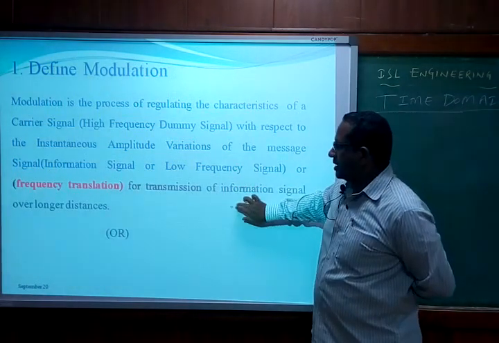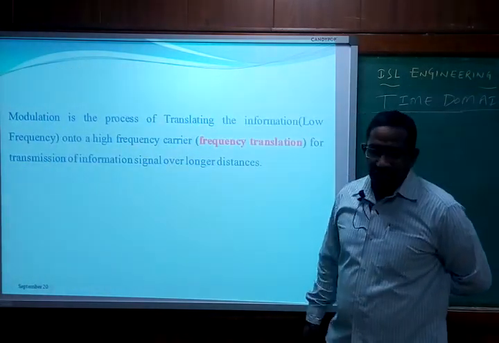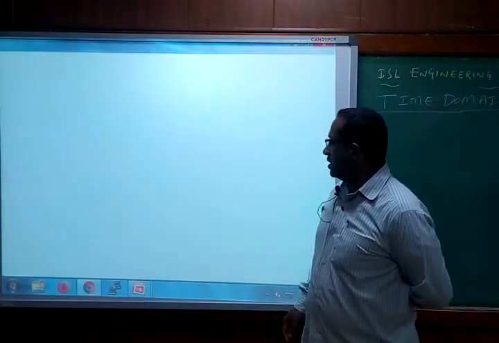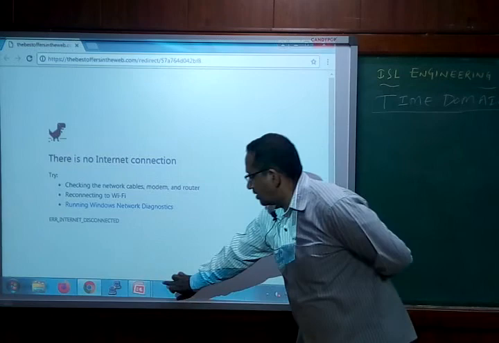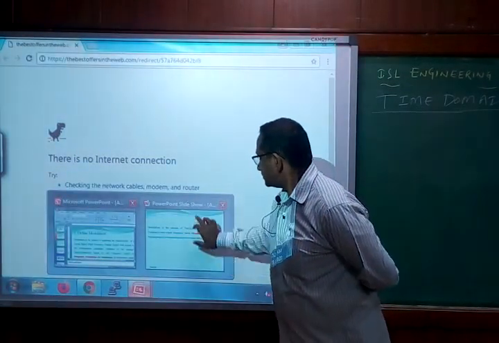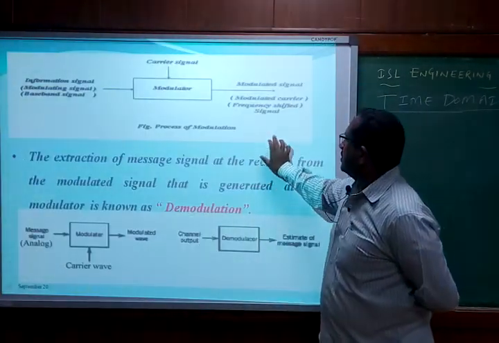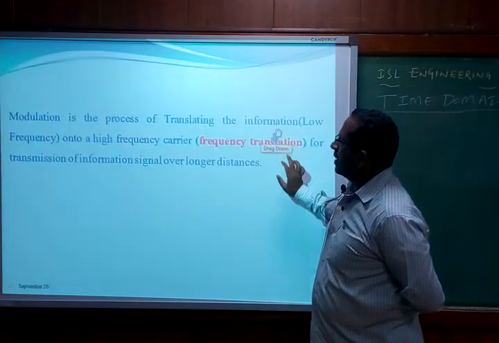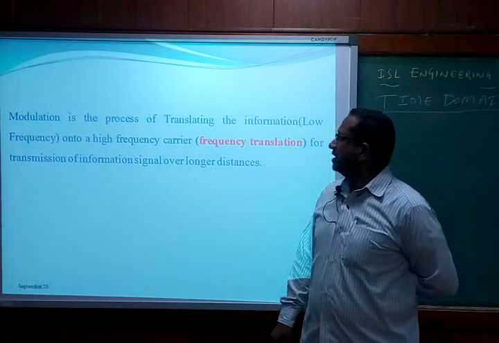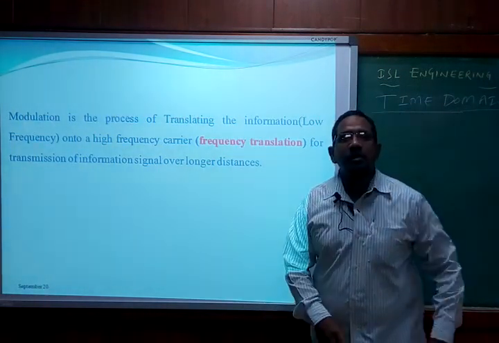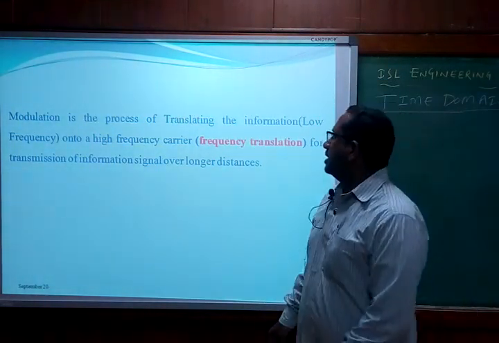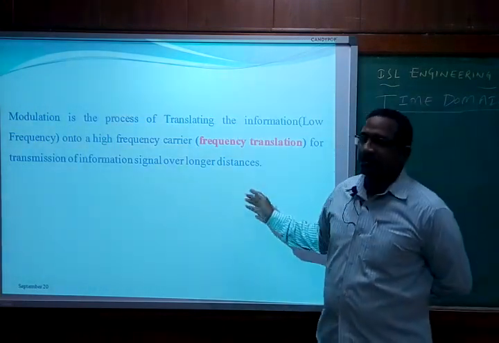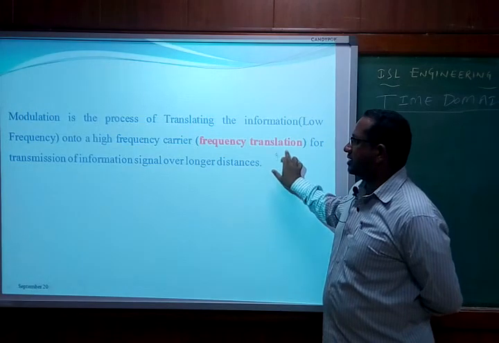For the frequency domain, in terms of frequency translation, modulation is the process of translating the information onto a high frequency carrier. Modulation is normally used to transmit the signal over longer distances.